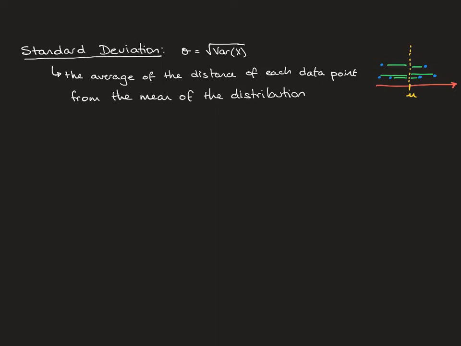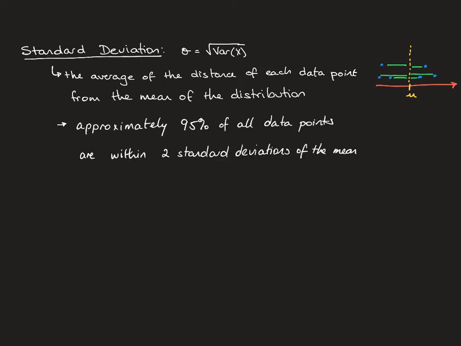Now, one of the uses of the standard deviation, not only in telling you how spread out the data is, helps you to find there are certain patterns to how data generally fits in relation to the position of the mean and the standard deviation. And that is that 95% of all data points for a distribution are generally within 2 standard deviations of the mean.